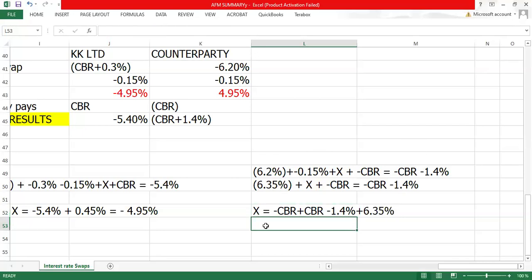Finally, what will be your x? Your x will be, of course, the CBR will cancel. You get negative 1.4 plus 6.35. Do you get this? Yes.